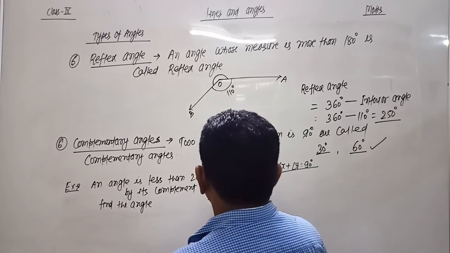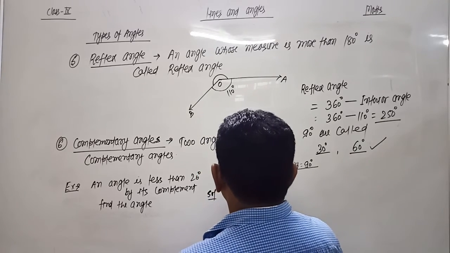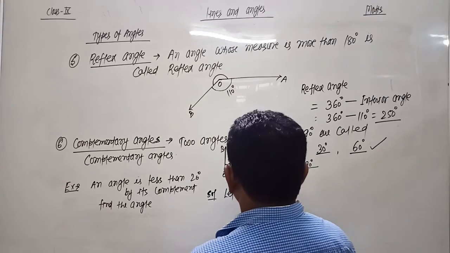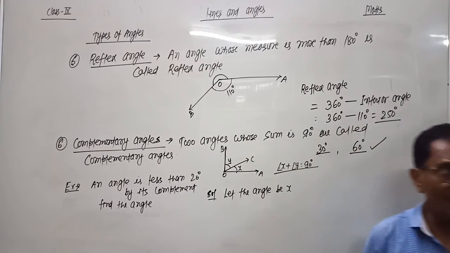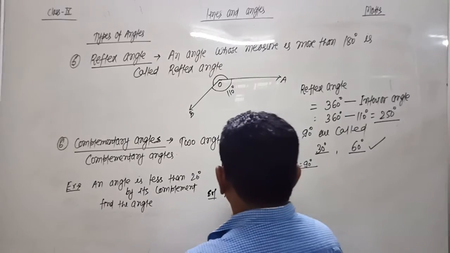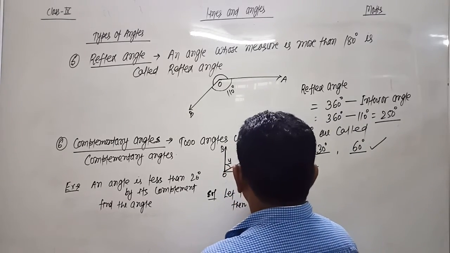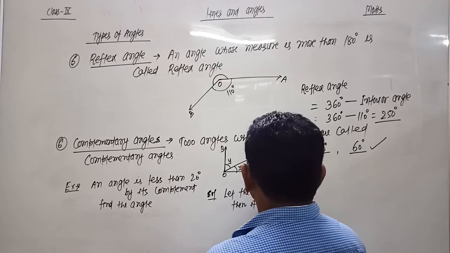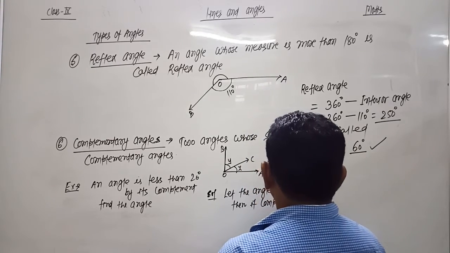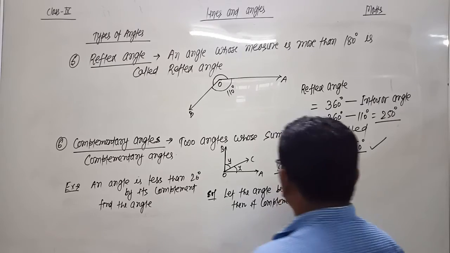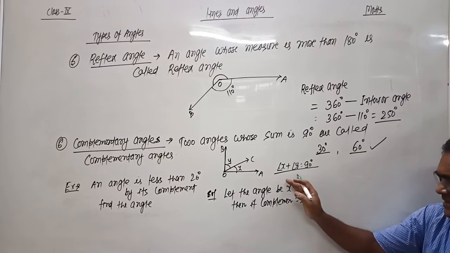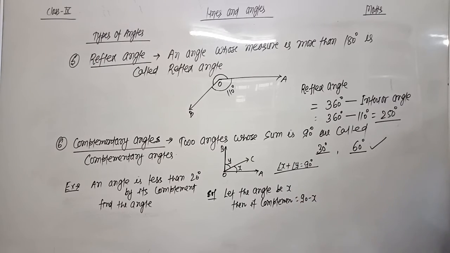Let the angle be X. If the angle is X, then its complement angle must be 90 minus X, because for finding the complementary angle, we subtract the given angle from 90 degree.